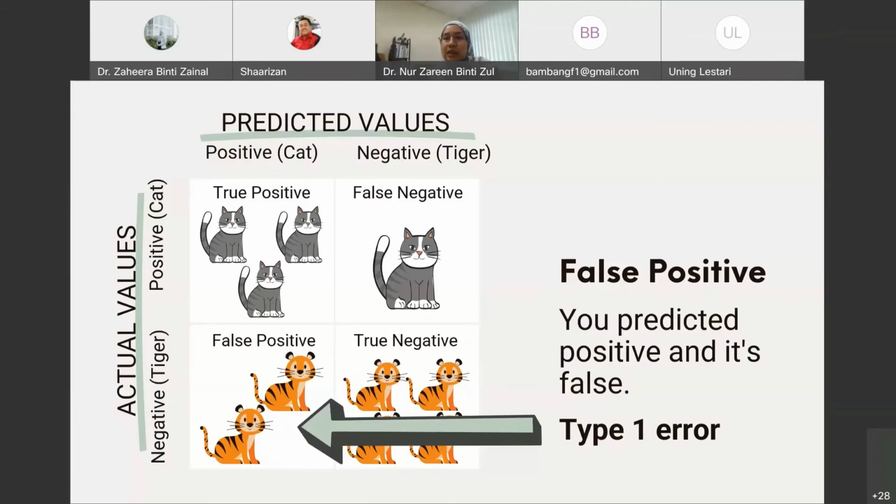Because it is much better to tell that you have COVID, quarantine them, and do further checks when they actually don't have COVID, compared to saying you don't have COVID, it's negative, and then let the person roam around. And after further tests, we found that the person is actually having COVID, right?